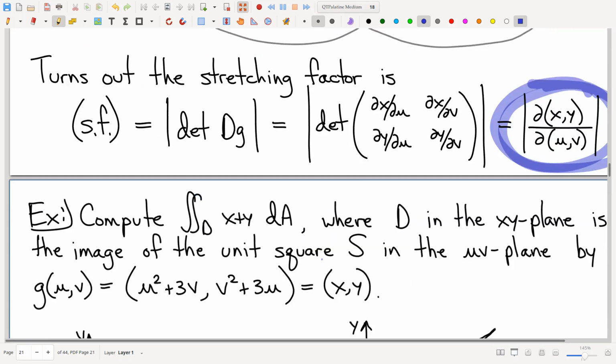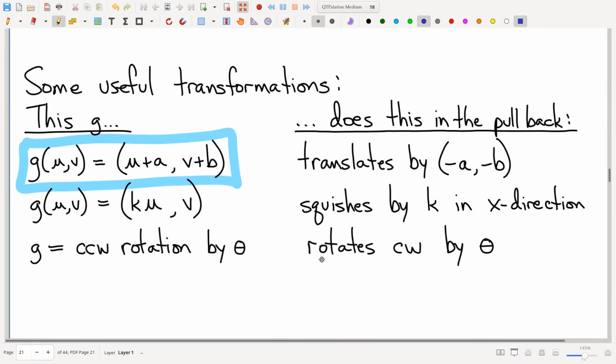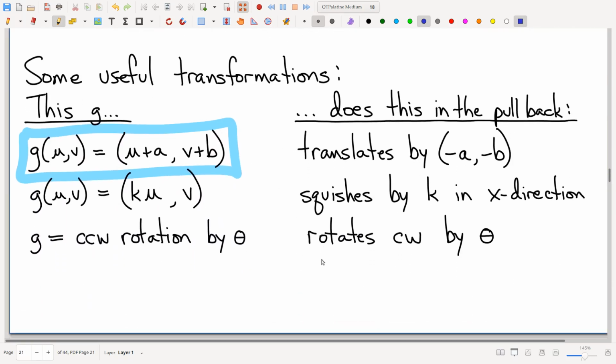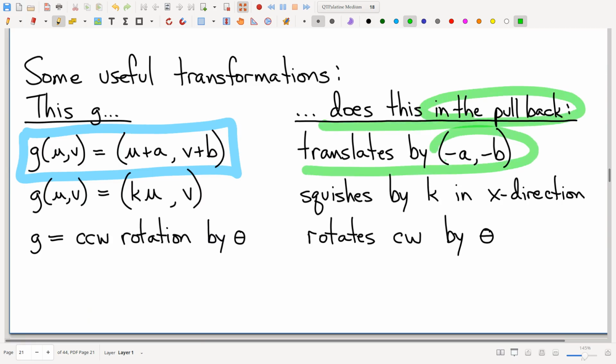So with that in mind, this candidate change of variables function that shifts by the vector a comma b, what that does in the pullback is to translate your given domain by minus a, minus b. Everybody on board with that? There's kind of an undoing aspect to this, and we've seen that kind of thing before.